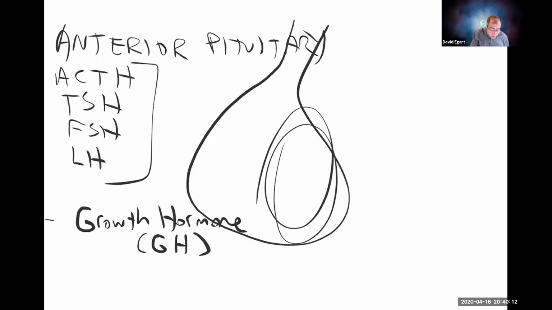This is actually a good place to introduce the idea that most of the pathologies of the endocrine system have to do with either hypo or hypersecretion, right? Hyposecretion means you're not secreting enough. Hypersecretion means you're secreting too much.